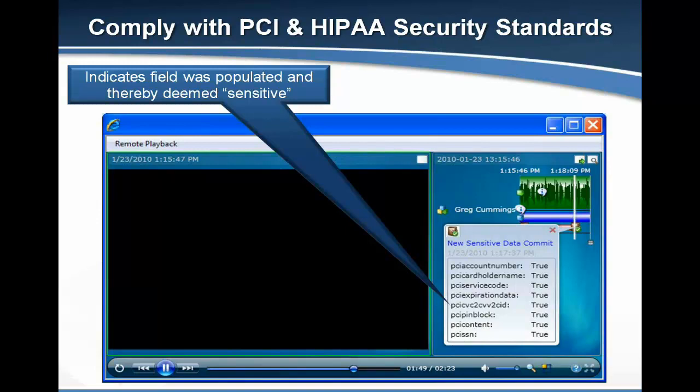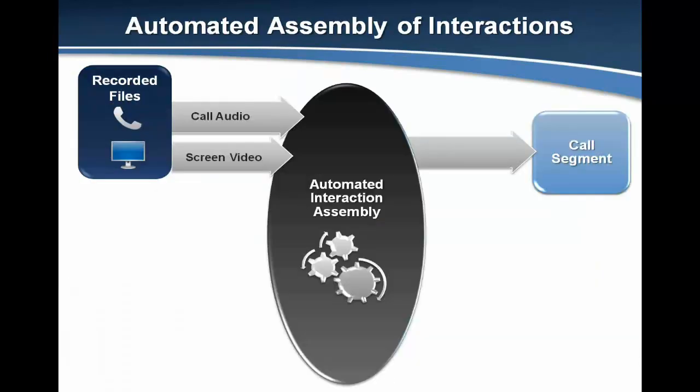And we know when they leave that screen. And during that period, we want to mask out the video, so you won't see the screen video during that period, and we're going to mute the audio as well. So very powerful for complying with these types of security regulations.